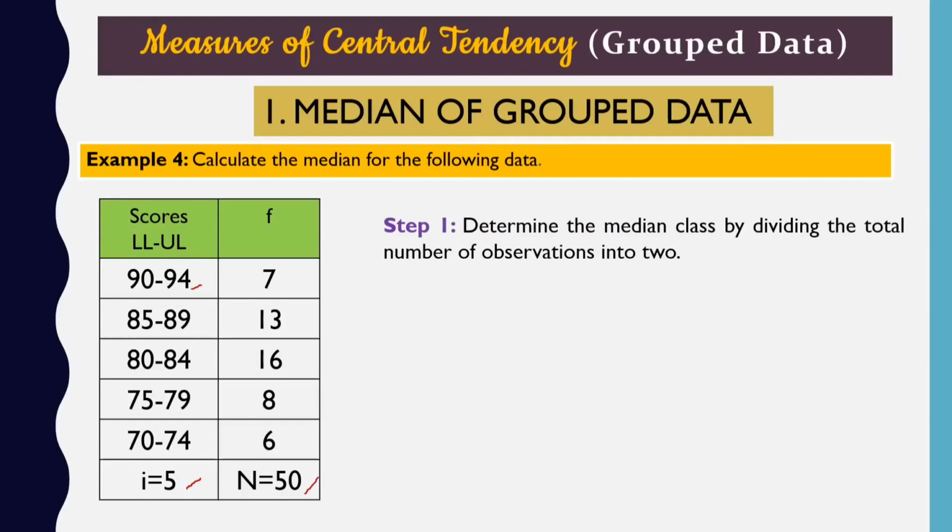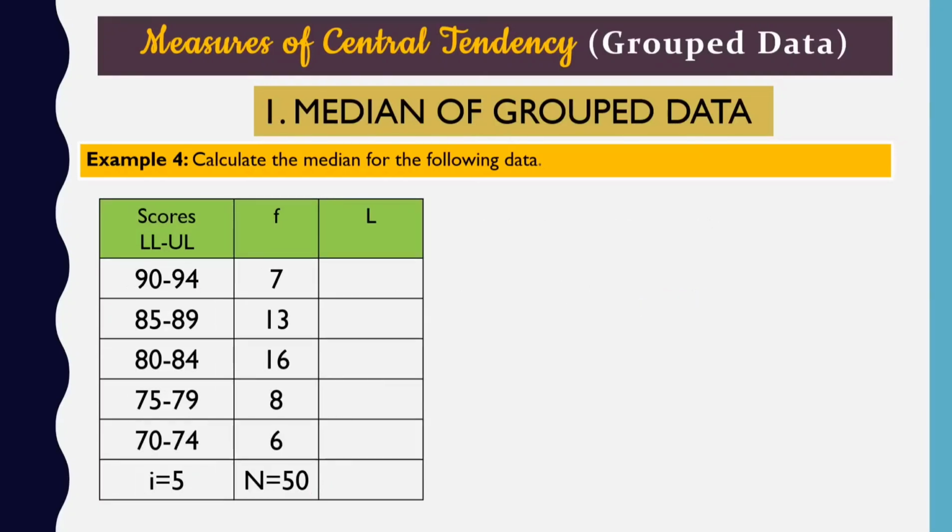First, we have to determine the median class, again by dividing the total number of observations by 2. The median class is N over 2, so 50 divided by 2 is equal to 25.